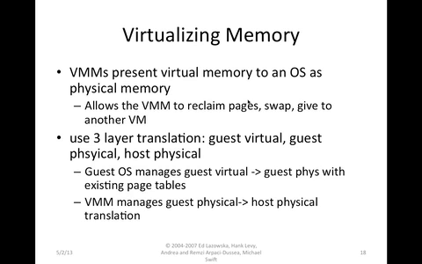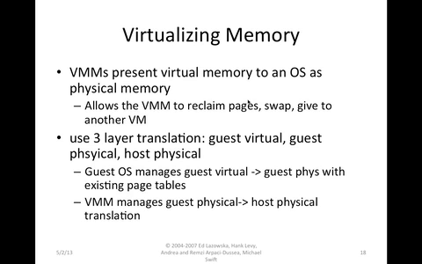So the basic translation mechanism here is, given a guest virtual address V, look it up in the process page table to find a guest physical address.